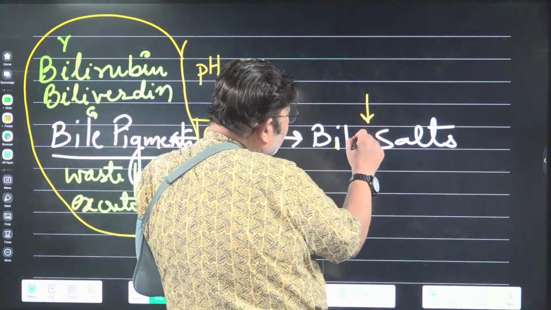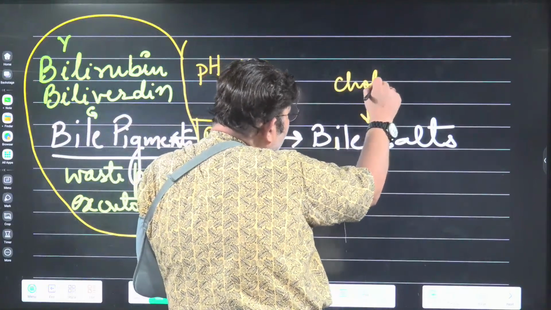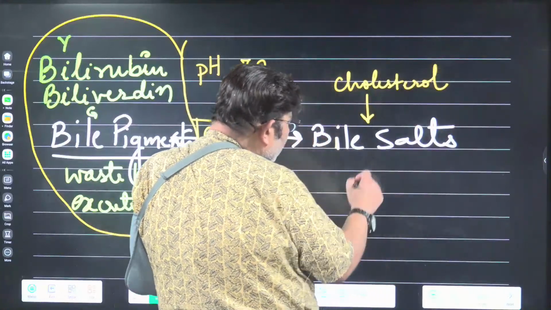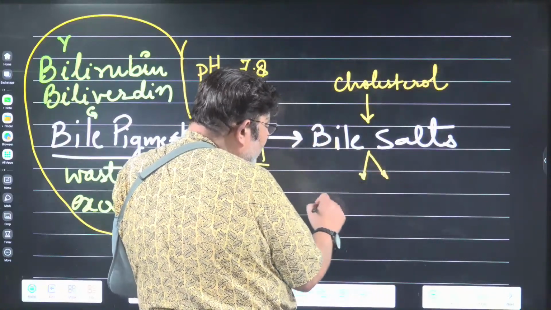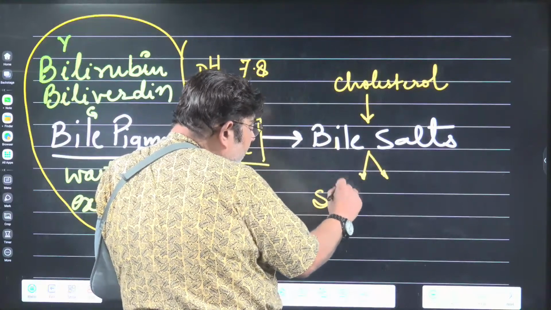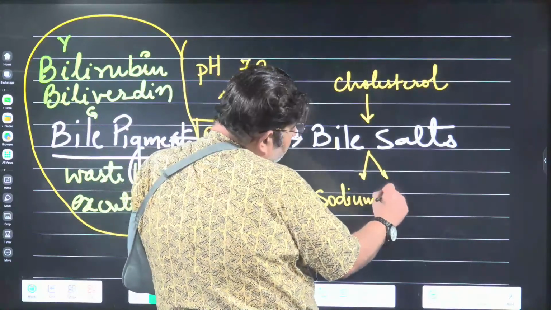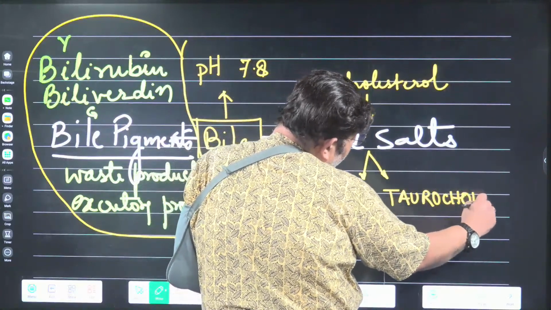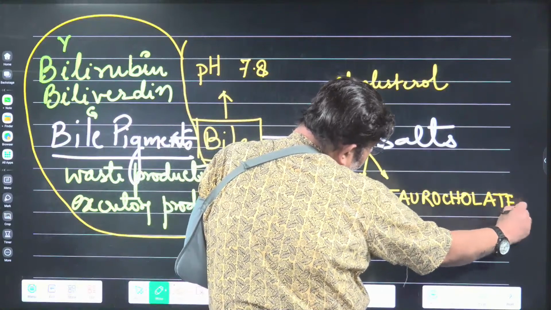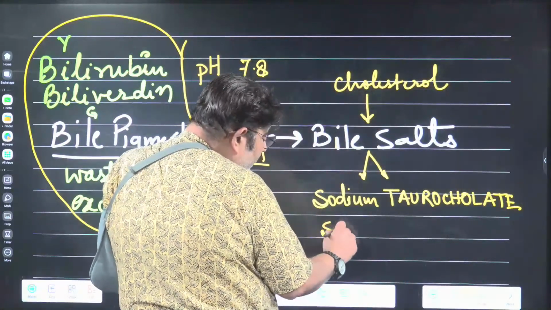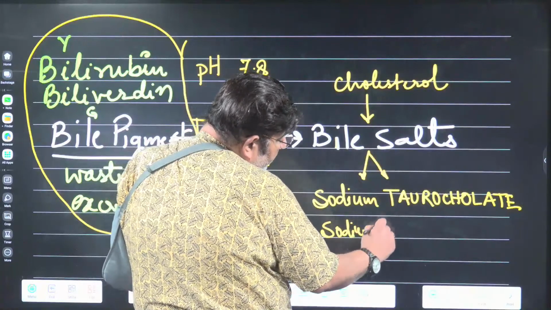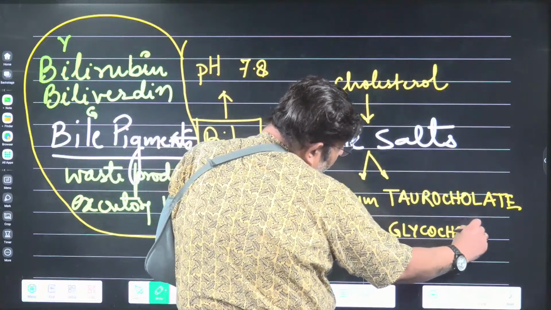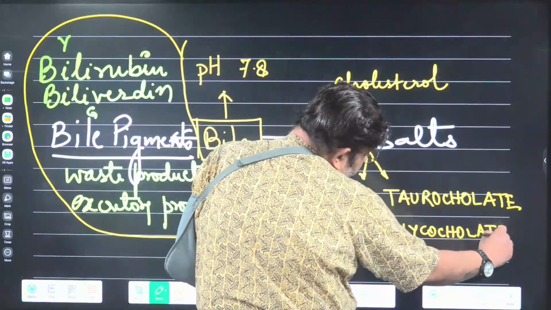But bile salts are important. These bile salts are formed from cholesterol. They are derived from cholesterol. Examples of bile salts are sodium taurocholate and sodium glycocholate. If you can learn the names, it is fine.